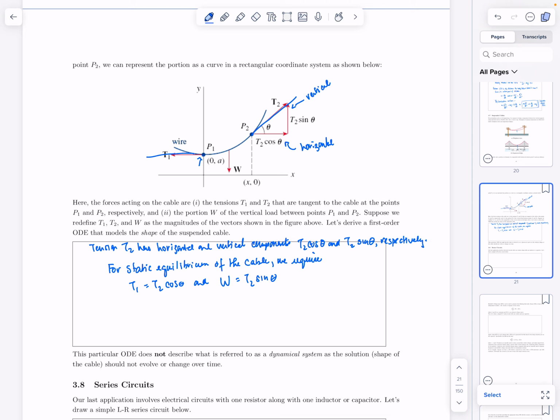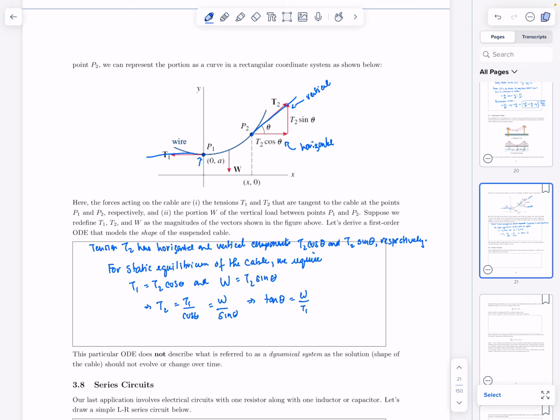And if we do some algebra here, you can show that T2 has to be T1 over cosine theta, solving that one, which also would have to be the same thing as W over sine theta. Okay. And in fact, if you took sine over cosine there, you could show that the tangent of that theta angle in the picture would have to be W over T1.